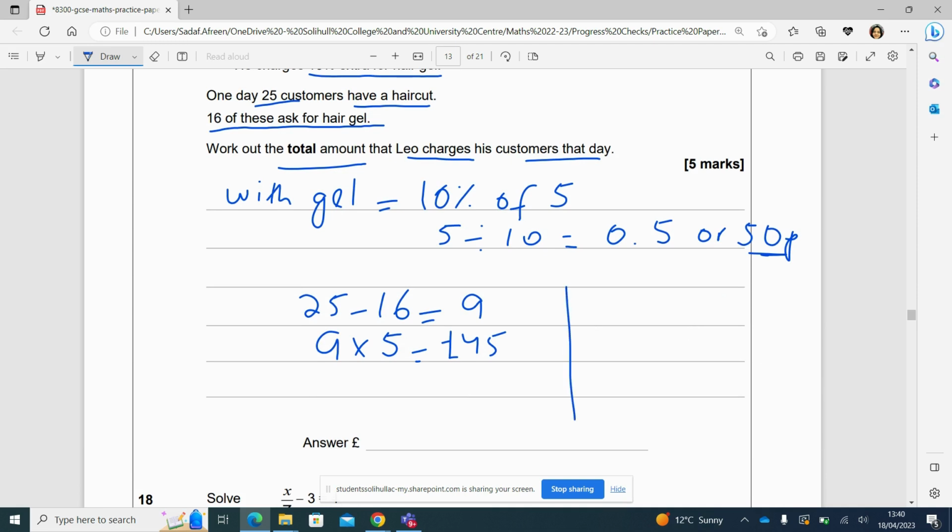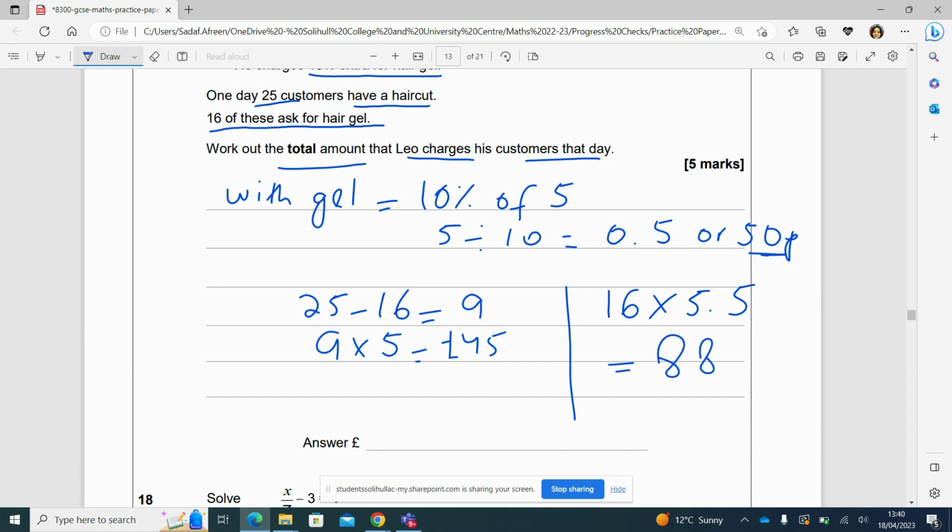Now the customers who paid with the hair gel, they paid £5.50. And the number of those customers is 16. So you need to do 16 times 5.5, which you can do using the grid multiplication method or the column multiplication, and that should give you 88 pounds as an answer.